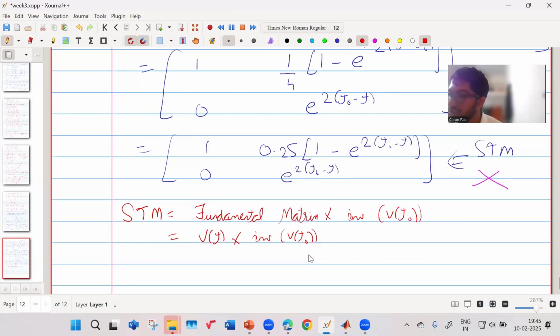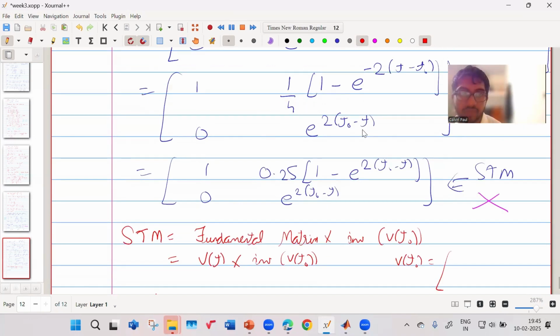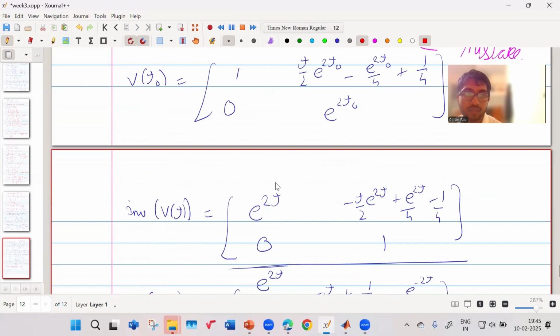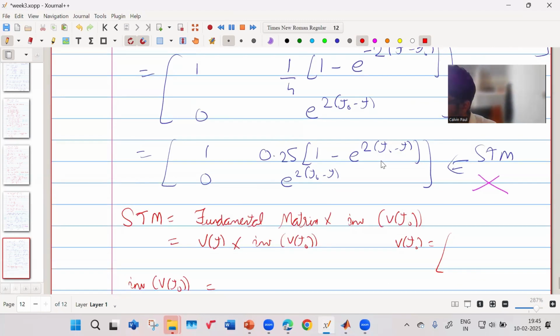Okay. So what is the inverse of v of t0? So what is v of t0? Let us write it in a very compact form.